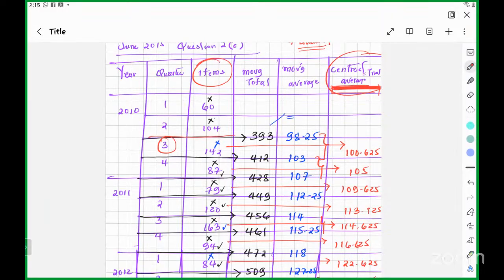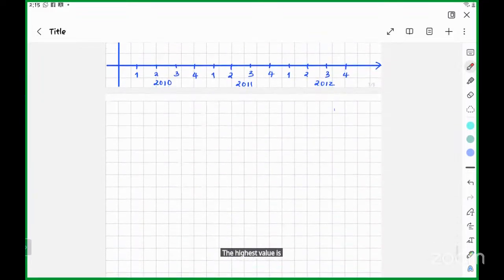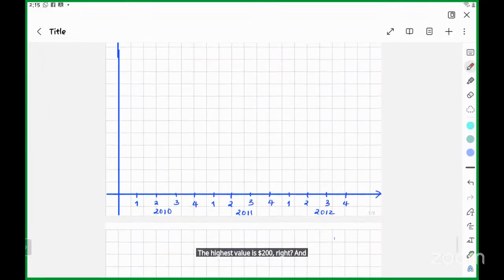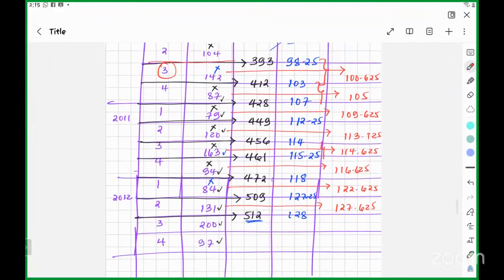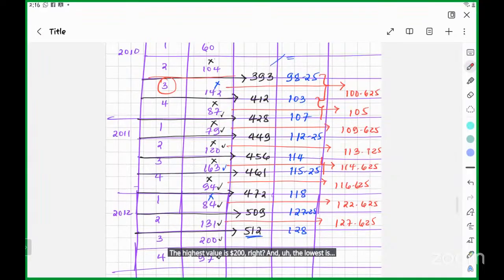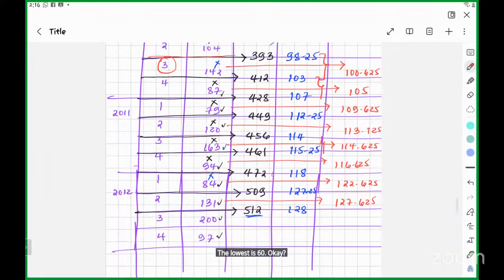The items go up to 200. So the highest value is 200, right? And the lowest is? The lowest is 60. Okay? Now, this is the thing.